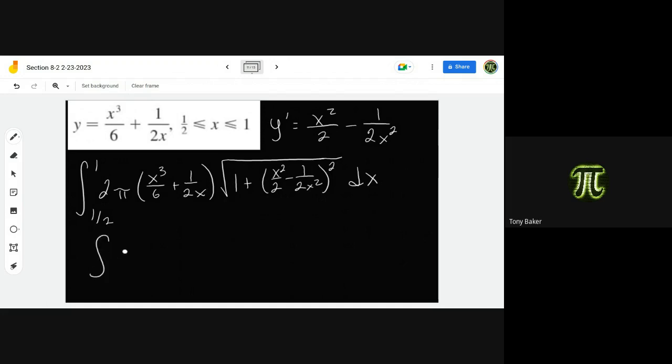Because this would be 2 pi y ds. That's y, and that's the ds. Good, now solve my integral.